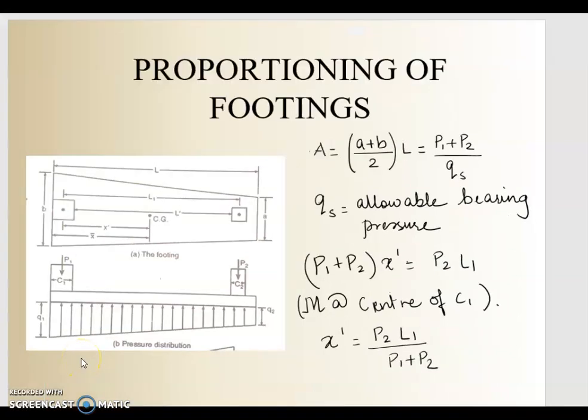Now, if I'm trying to find out the location of this centroid, x bar from the edge B, what will be the equation for x bar? This x dash, plus I have to add this distance, correct? What is this distance? I will write it as C1 upon 2, since the full column width is C1. So x bar is C1 upon 2 plus P2 L1 upon (P1 plus P2).